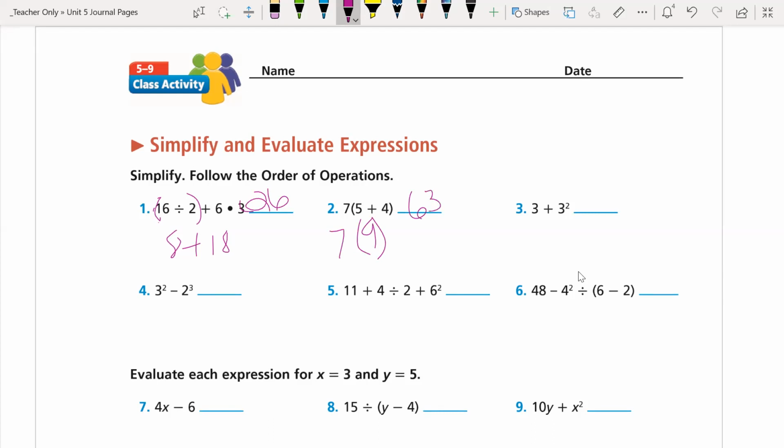Just for fun, 7 times 5 is 35. 7 times 4 is 28. Let's see, 35 plus 28. 8 plus 5 is 13. 3 and 2 is 5 plus 1 is 63. Okay, I would have gotten the same answer using the distributive property. Just thought I'd share.